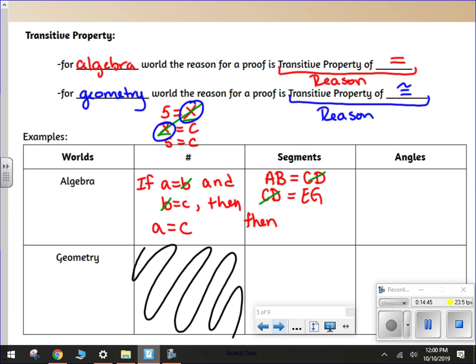I know that was a lot, but think of it as syllogism. This is the link, okay? This makes CD being the same as EG, and it's also the same as AB, so they all have to be the same for that to be true. So that's why I can conclude that AB is equal to EG.